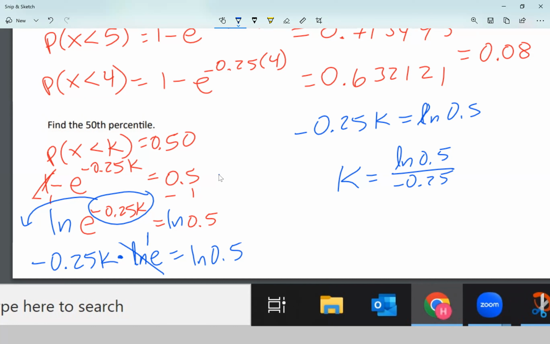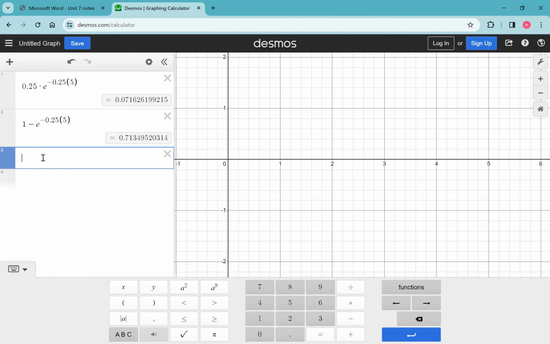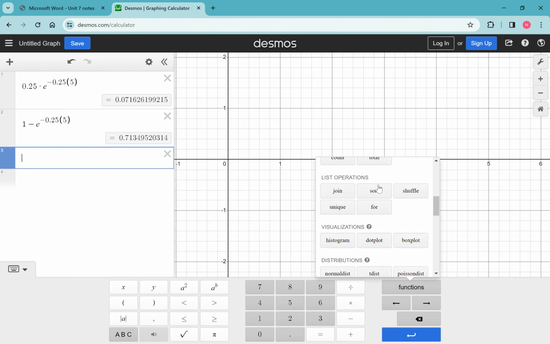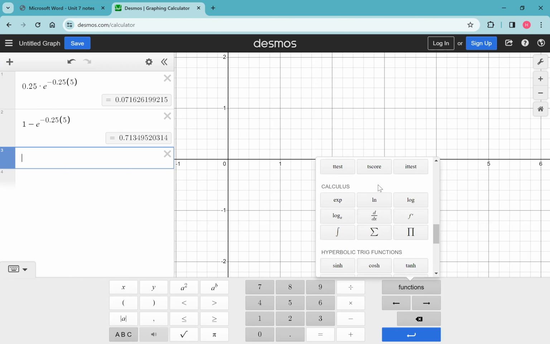Use your calculator if necessary. Well, actually, you'll have to use a calculator. Use decimals if you need to. Like, Mr. Leonzo, can you show me how to do this in decimals? Okay, let's bring decimals out. I'm going to go ln, natural log. I'm going to go here on functions. Do I have natural log here? There, you see ln.